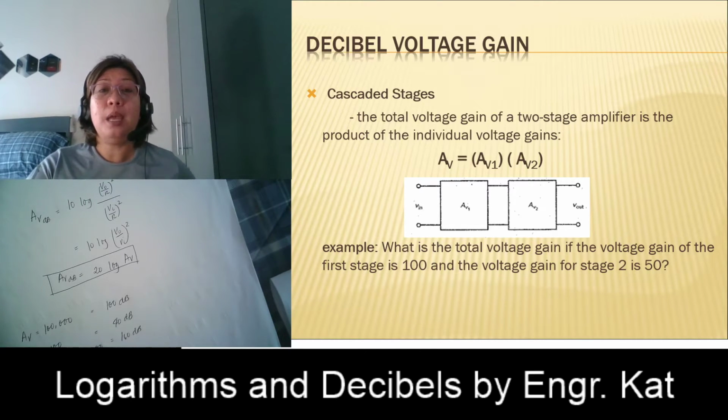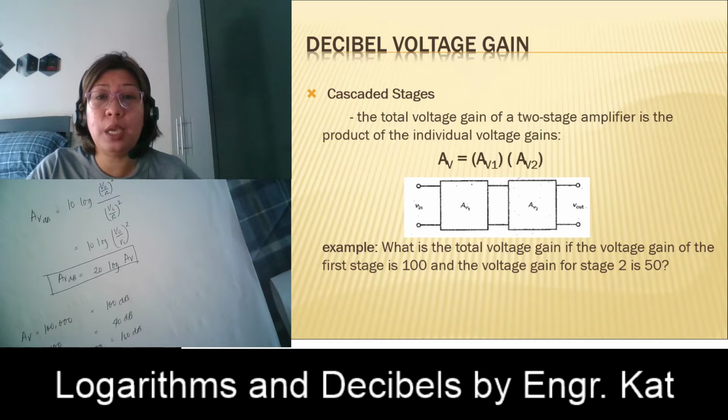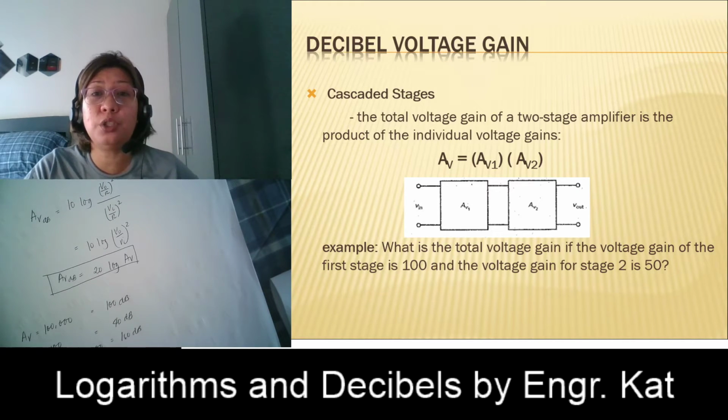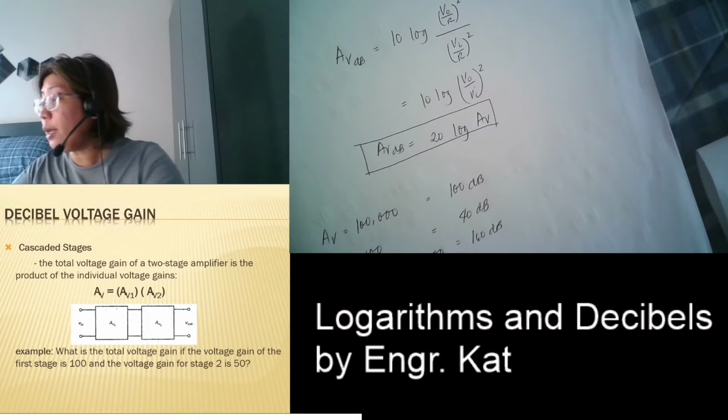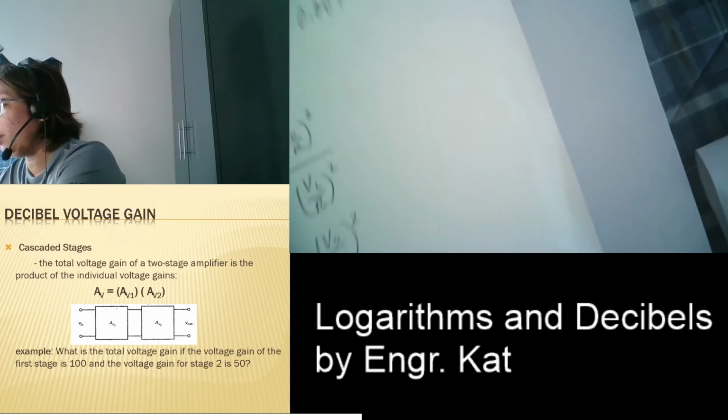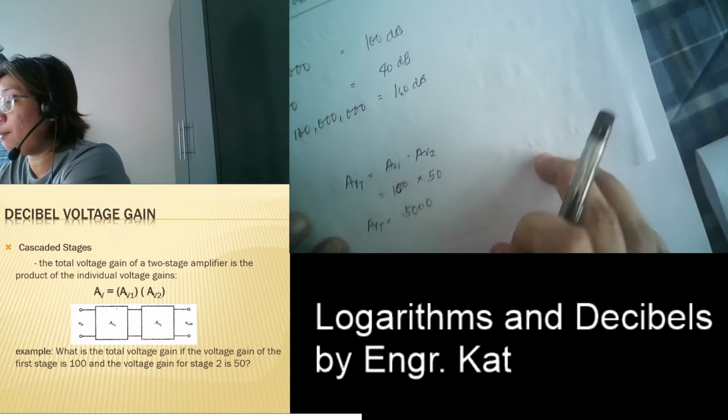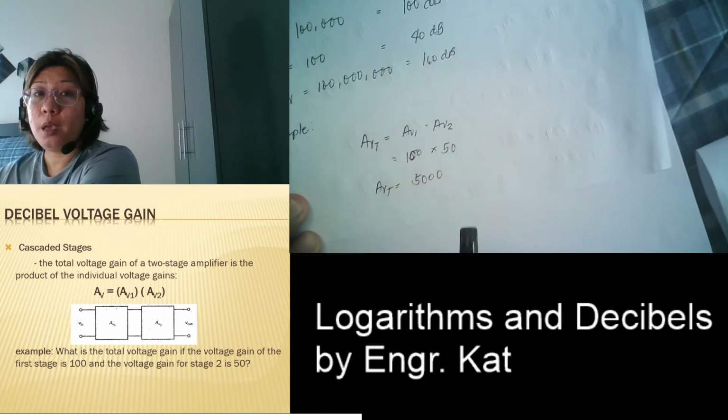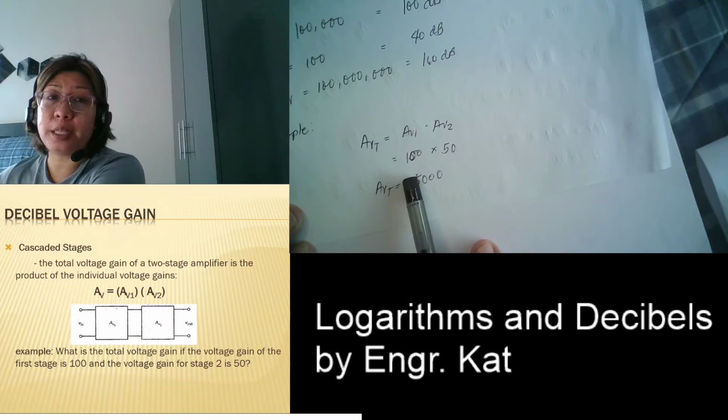For example, what is the total voltage gain if the voltage gain of the first stage is 100 and the voltage gain of stage 2 is 50? Very simple. All you have to do is multiply 100 for the first stage and 50 for the second stage. That will give you a total voltage gain of 5,000.